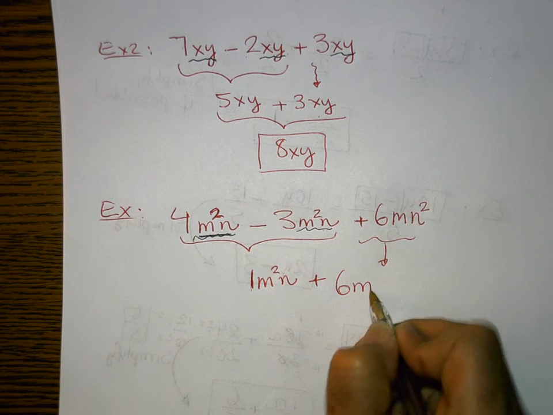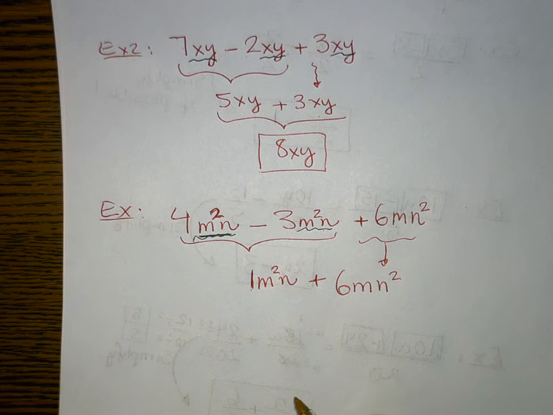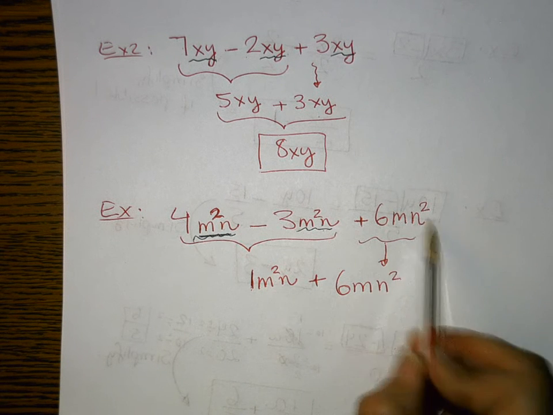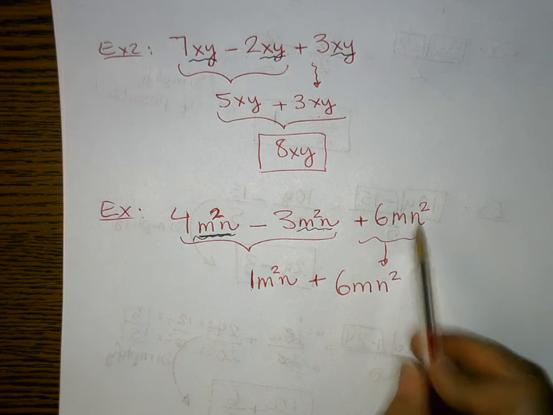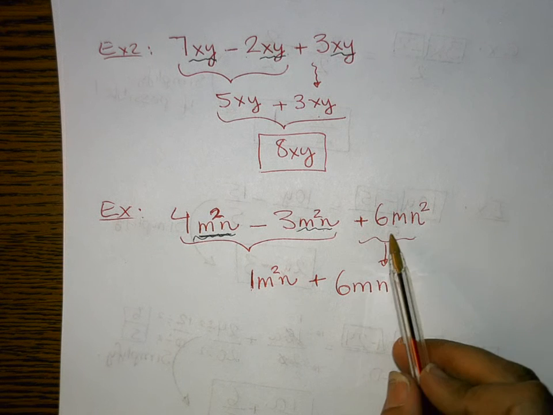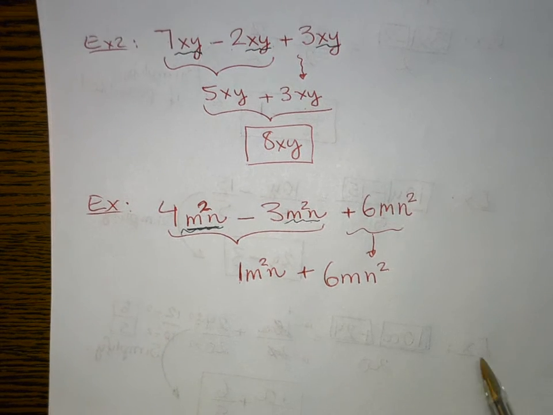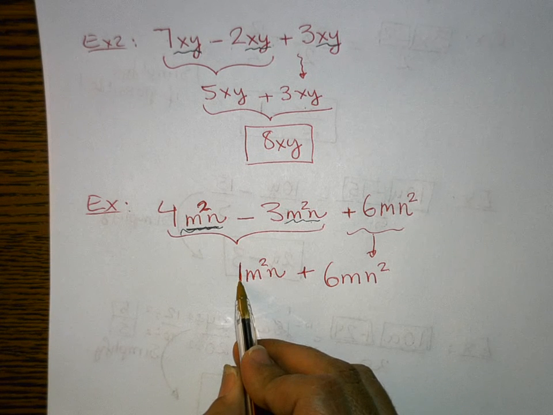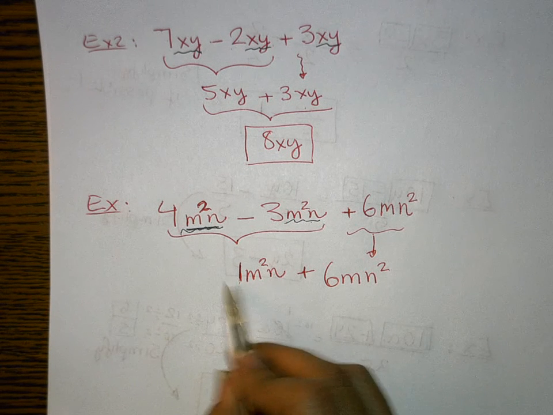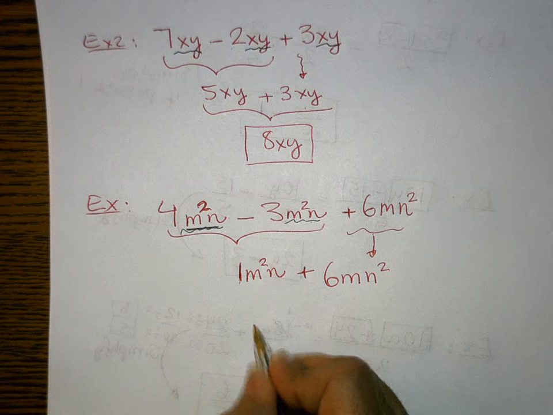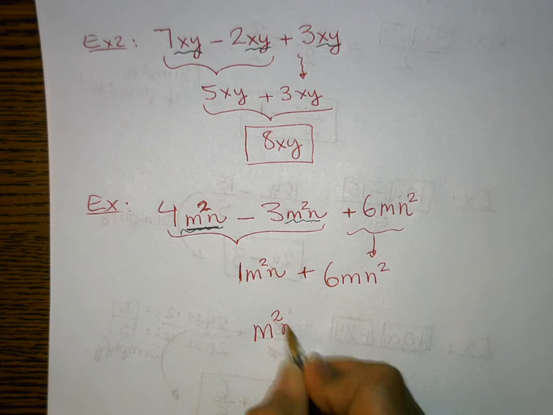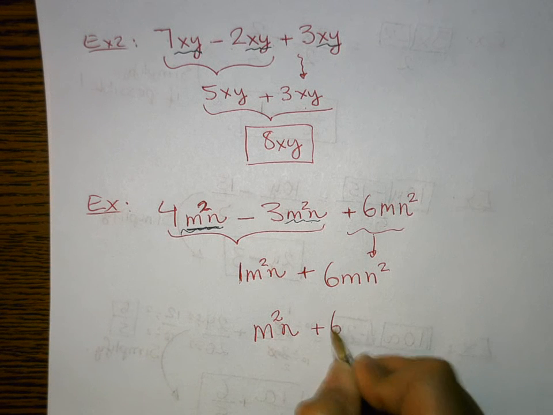6m n squared. So this item, these variables here, had nothing in common with anybody else, so I can't add it to anything else. So to simplify it, we don't write number ones in front of variables. So we just keep m squared n plus 6m n squared.